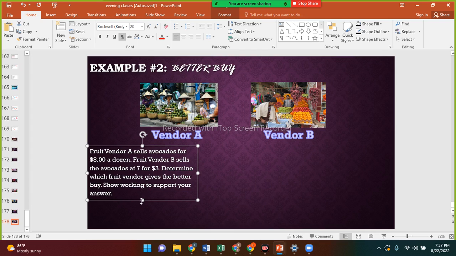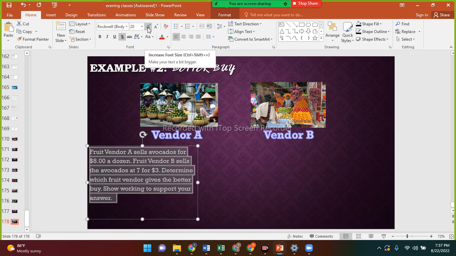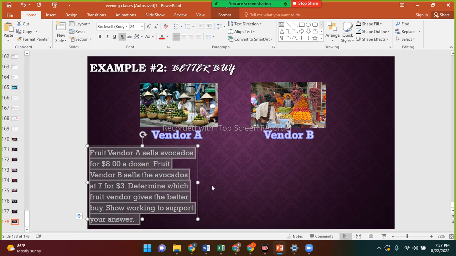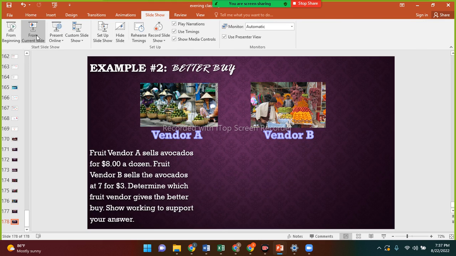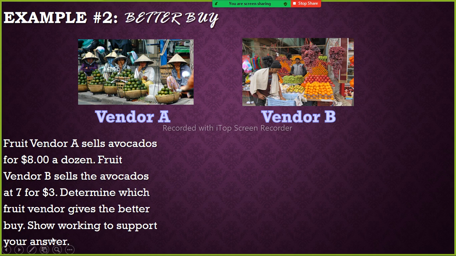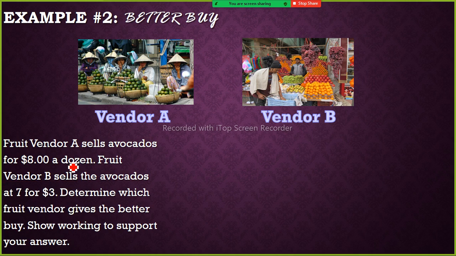Okay, good. All right, so let's consider this question. Fruit vendor A is selling theirs for $8 a dozen. Remember, a dozen is 12.